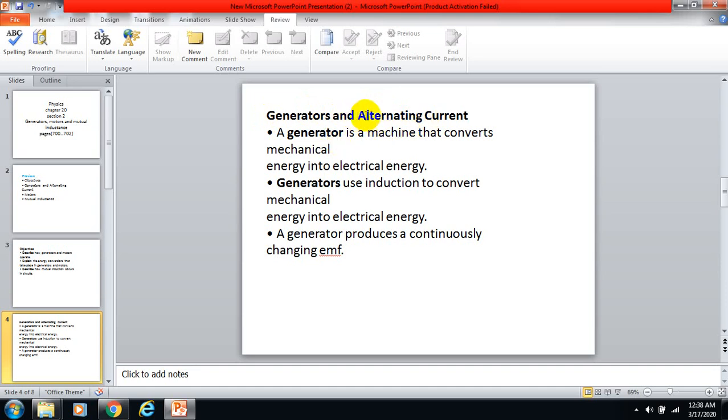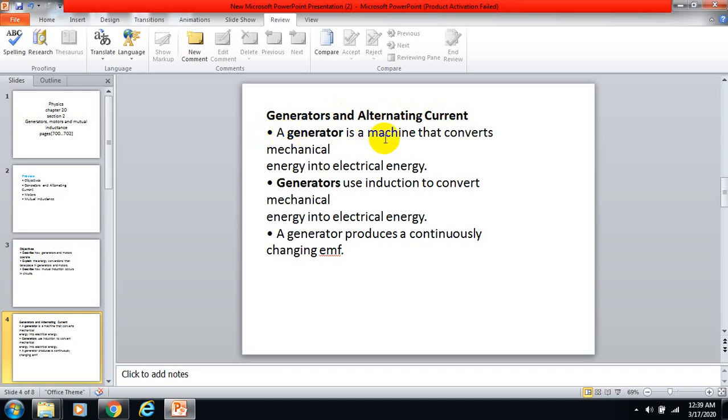In Arabic, we call them kahraba. Alternating currents: all the electrical appliances which can be operated through electricity, we call them alternating current equipment. Now come to the point regarding generators.